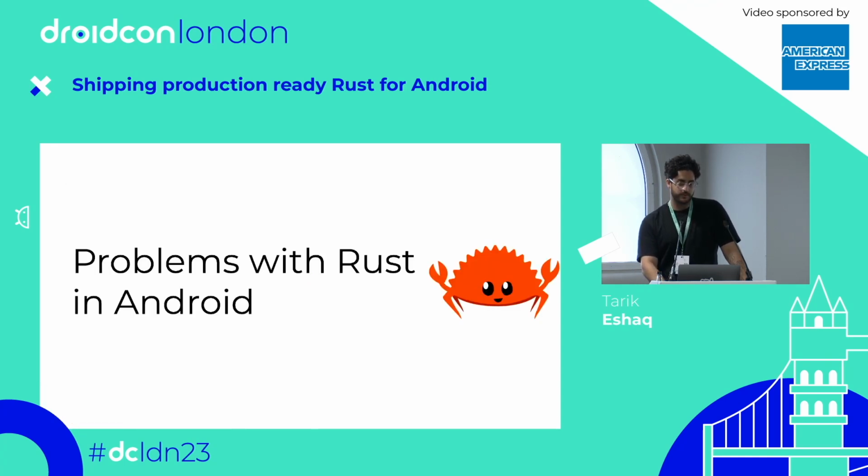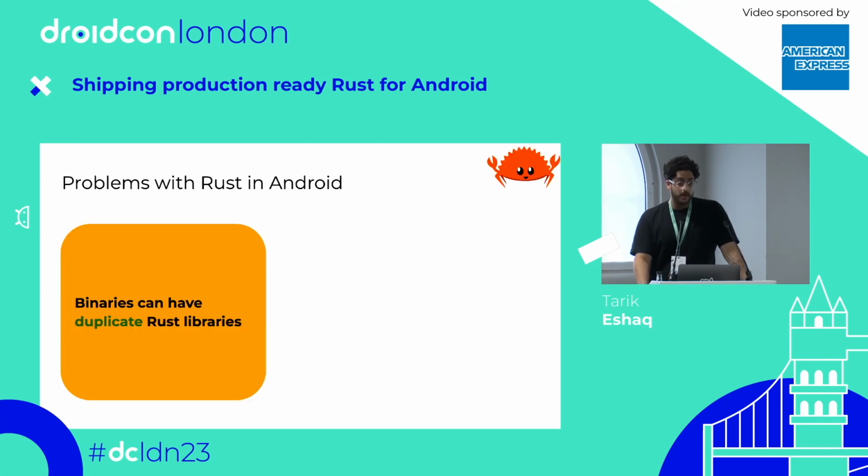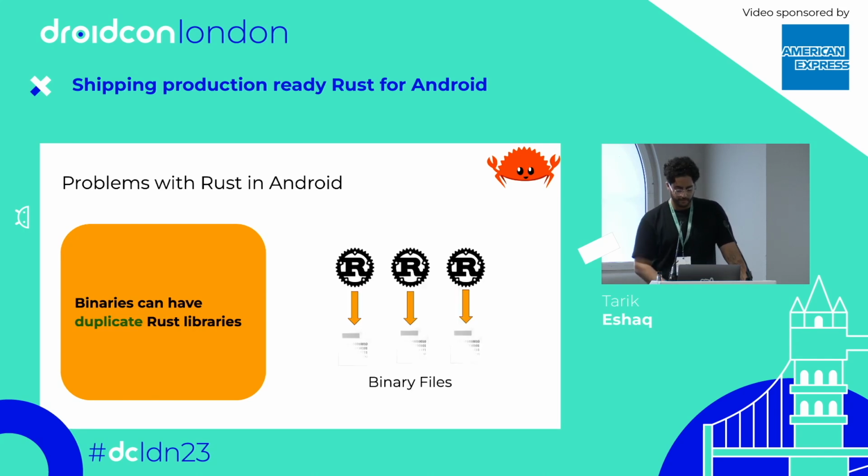Well, let's look through some problems that we've come across at Mozilla, and we'll go through problem and solution to see how we've evolved, and eventually we'll look at what the system that we've designed to ship Rust code looks like. So first, binaries can end up having duplicate Rust libraries. What does that mean?